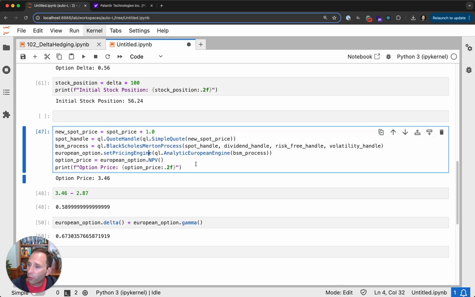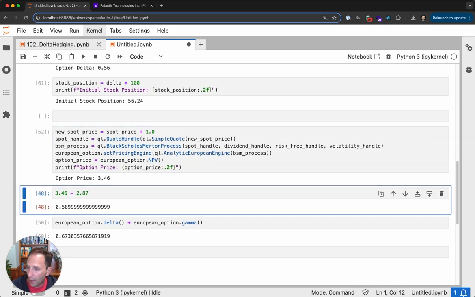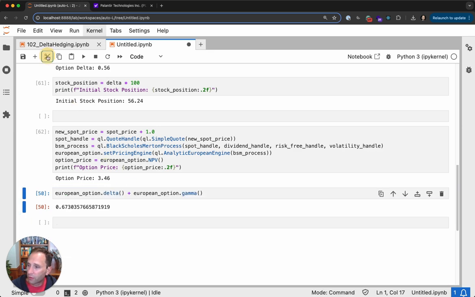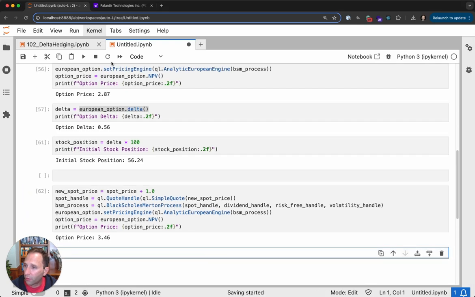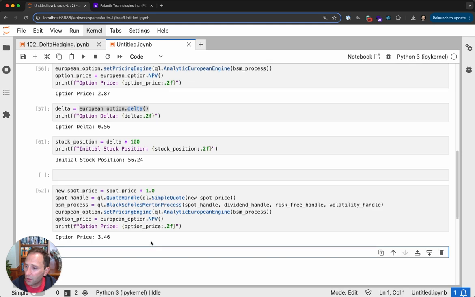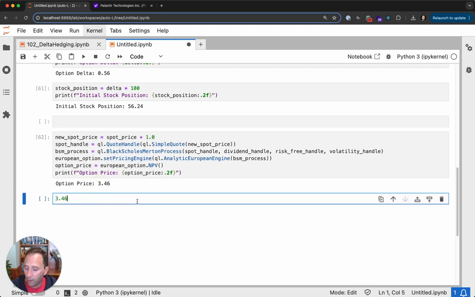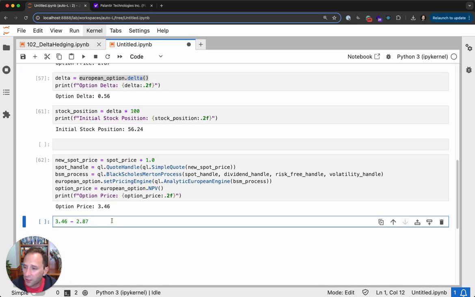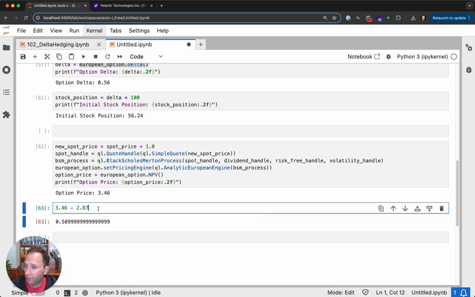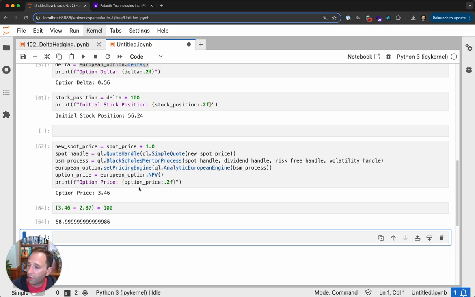So then when we run this new option price, we get $3.46, right? And what this is telling us is that now that the price of the stock has moved, the option price has moved. So if we were to go up, this is the new option price. This is the old option price. So the price of our option increased by 58 cents as we saw, and that is worth $58.